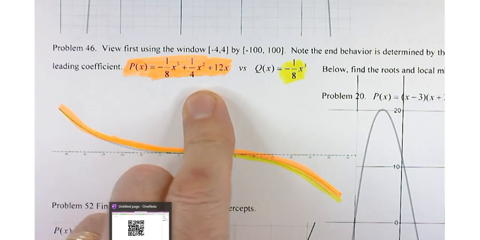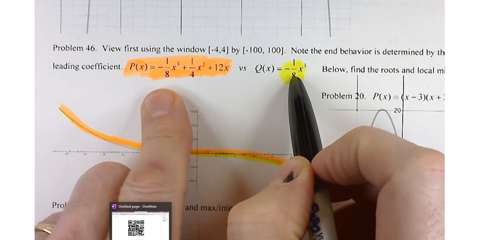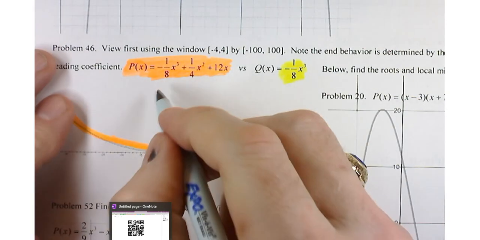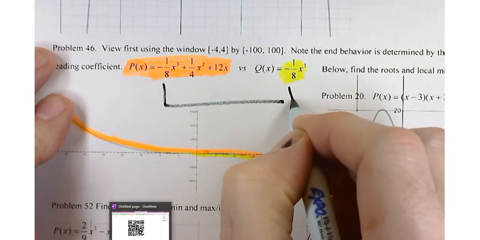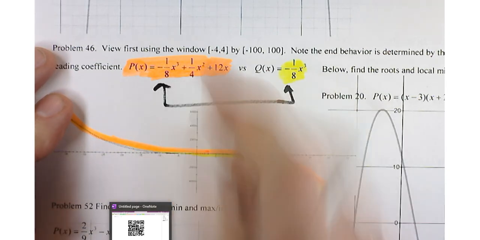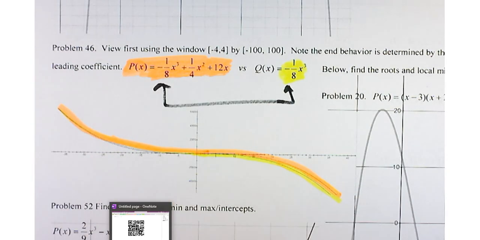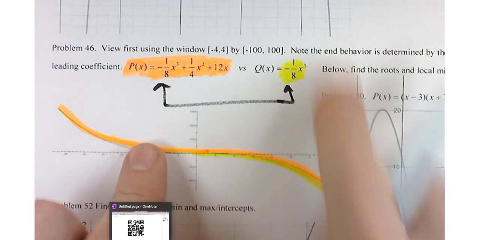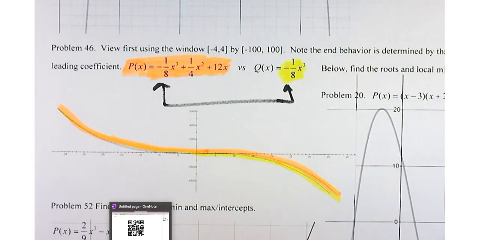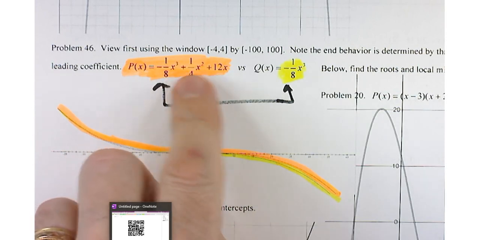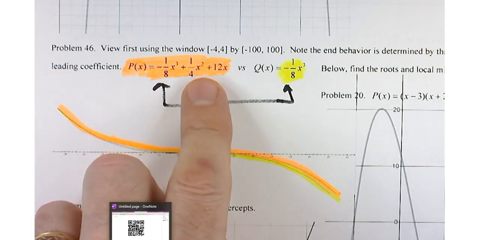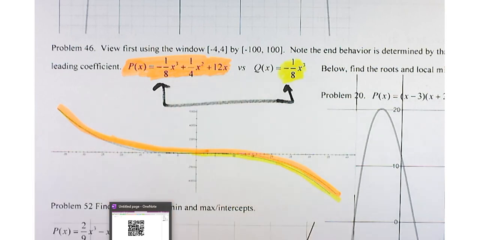Notice that these two things are the same, and they have more or less the same graph. So it's these leading terms that really determine the behavior of the polynomial. When you're close to x equals 0, these terms will make a big difference. But when you're far away from x equals 0, not so much.